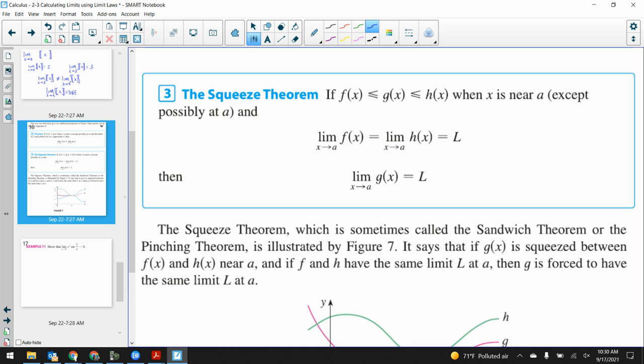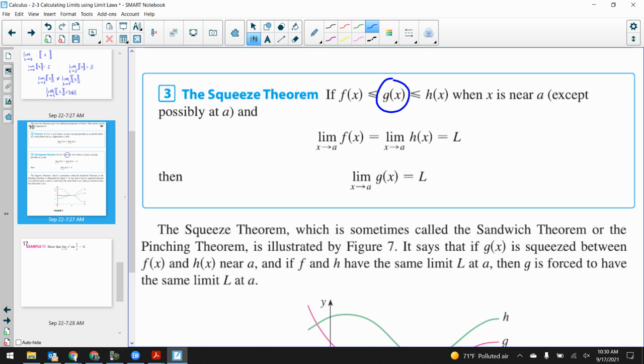If you have 3 functions, f, g, and h, and you know that g of x is in the middle, then you also know that the limits as those go in are going to be in between there as well.